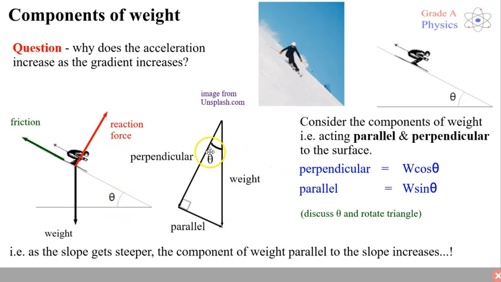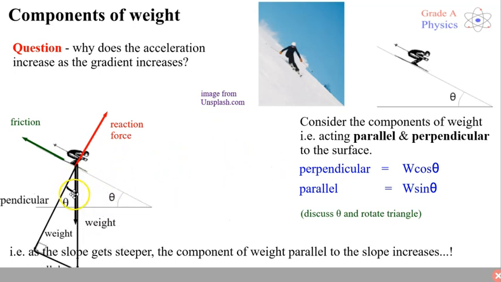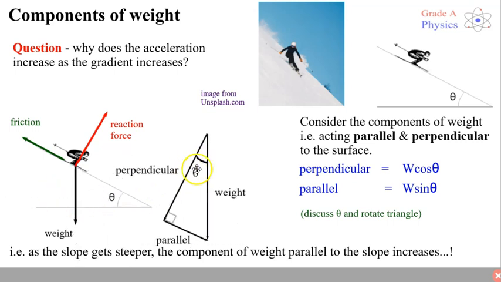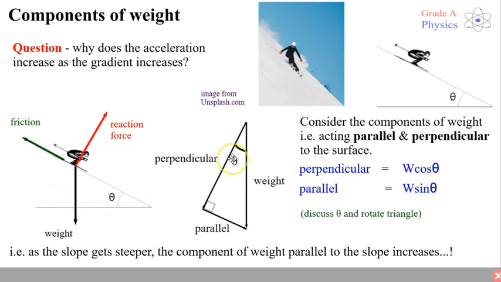Now, we can show why that is the case. If you imagine we've got 90 degrees here, this one's going to be 90 minus theta. So if this angle here in total is 90 degrees, then this must be theta as well. So we can show why that is through geometry, but it's always going to be the case. So we always know theta because that's the same as the angle of elevation.